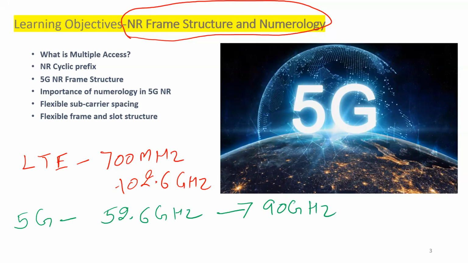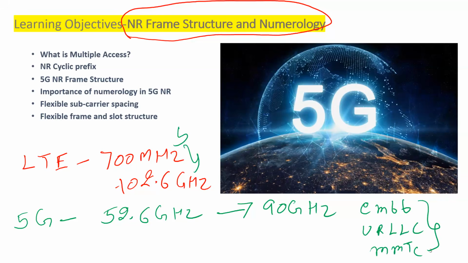And there are many use cases like eMBB, URLLC, mMTC. All these use cases were not present in LTE. In LTE, 15 kilohertz sub-carrier spacing is enough.